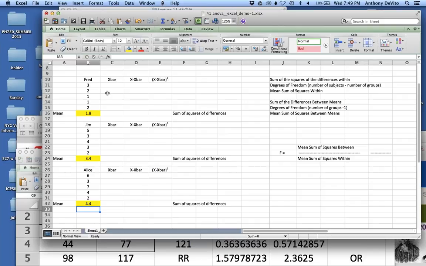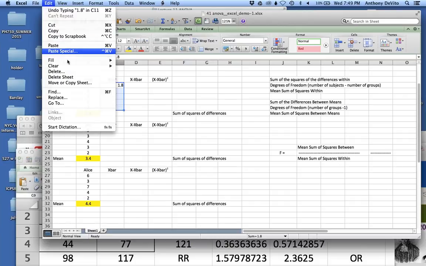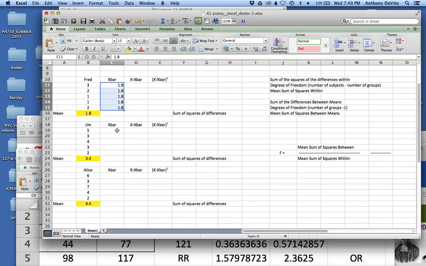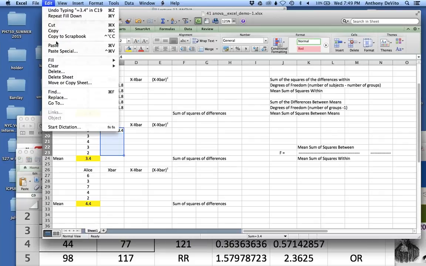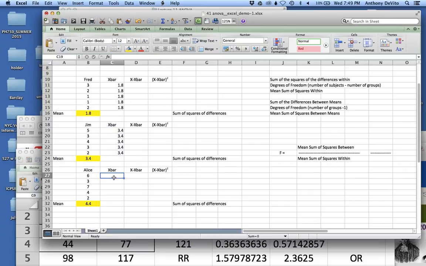And what do we use for variability? We use variance and standard deviation, right? So how do we calculate that? We'd go in here and put 1.8 down here, and I'm going to copy it down rather than recalculate all this. And I'm going to copy that down, and copy this down.